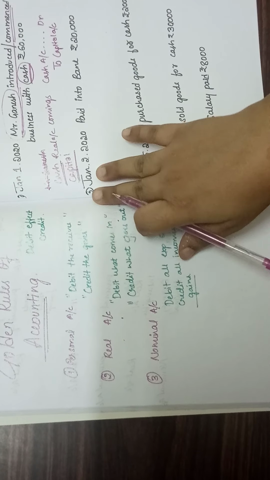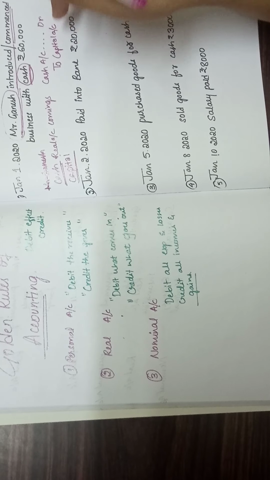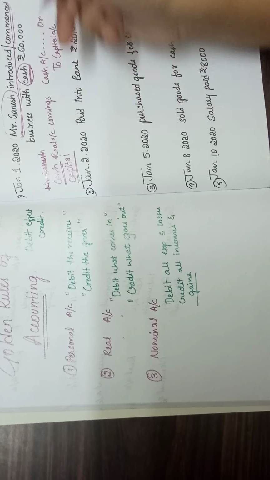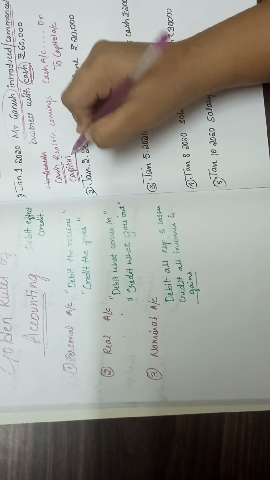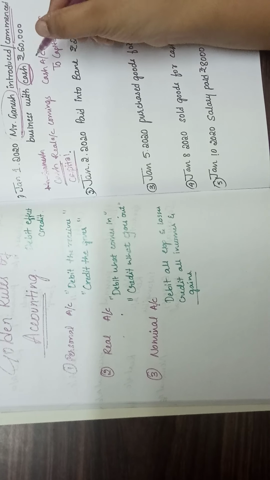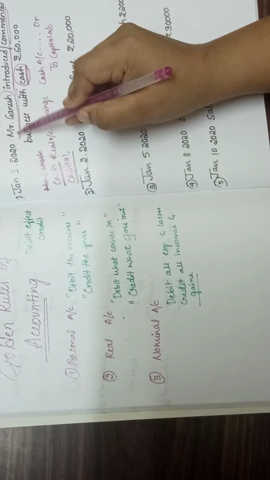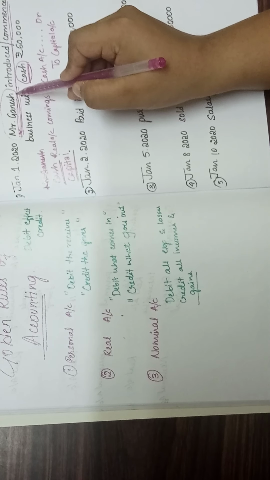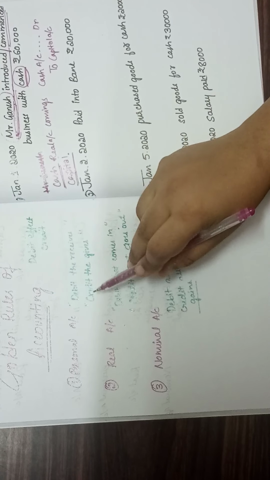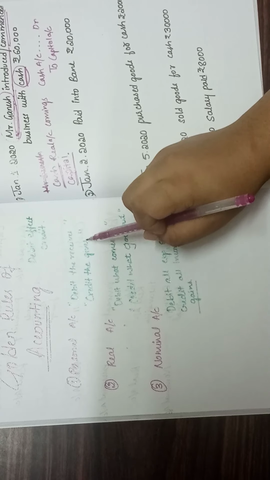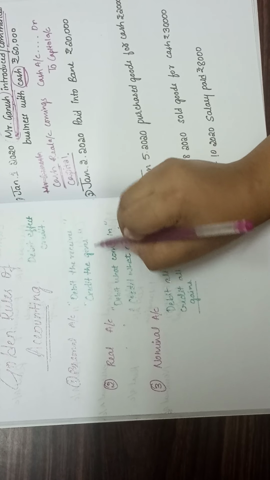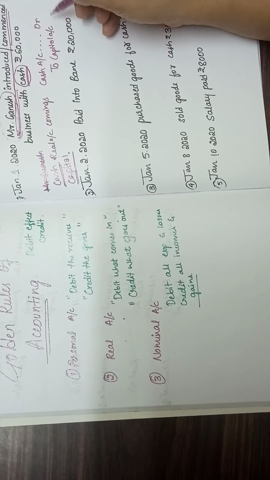Now let us learn why we have to write capital account here. The credit is the keyword: the businessman Mr. Ganesh, you are giving some money, that is cash, to your business. So credit the giver, the capital account.